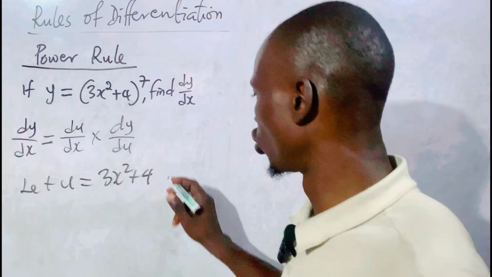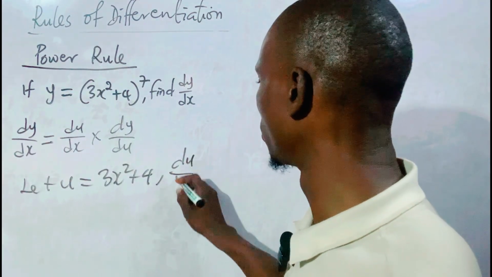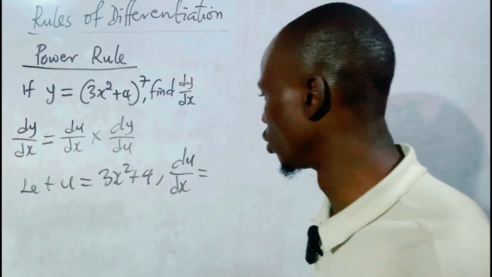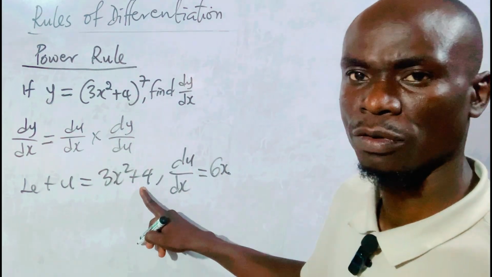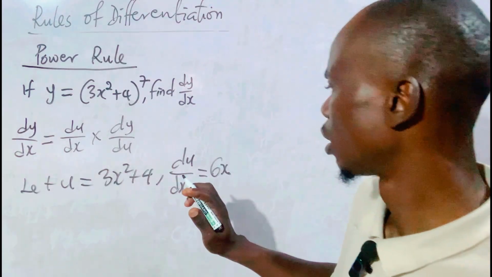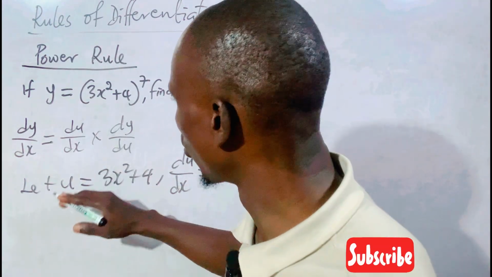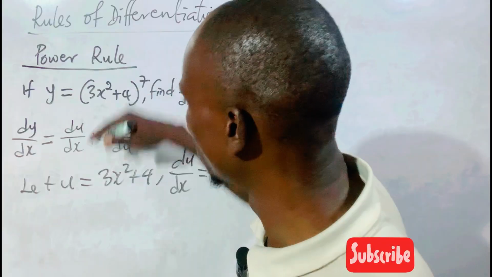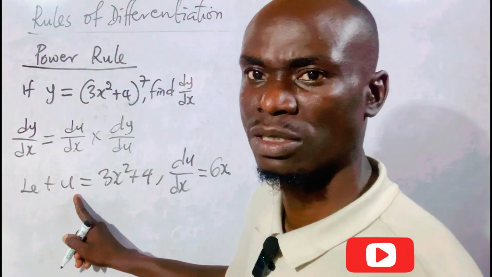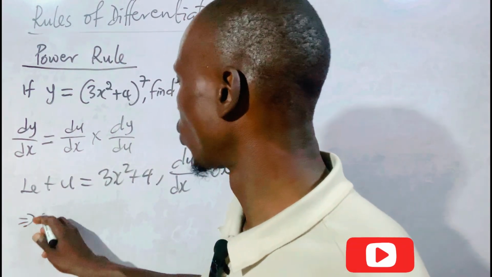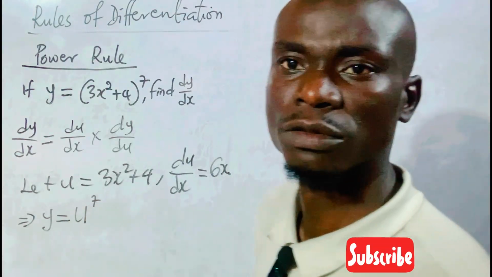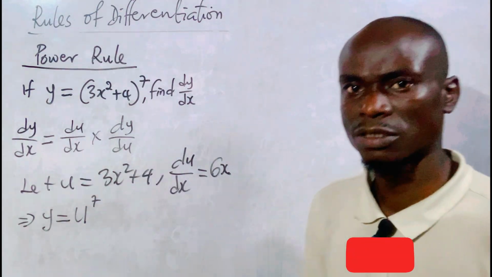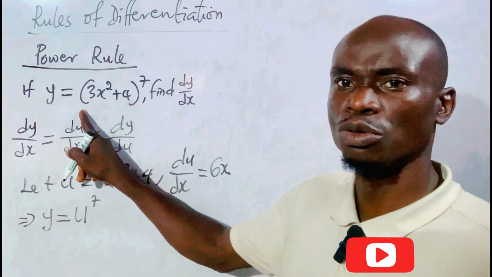When you take your u, the next thing you want to do is to differentiate it. The du dx will give us 6x plus 0. So this is gone. Now I'm going to go back to the main question and replace the base with u because I've said let u be the base. This means that y is now u raised to power 7. Did you get that part? We say let the base be u.